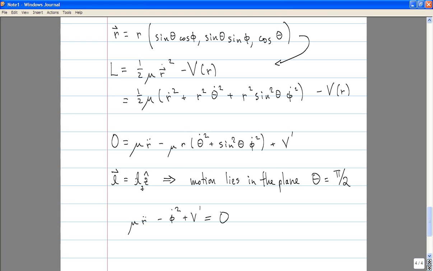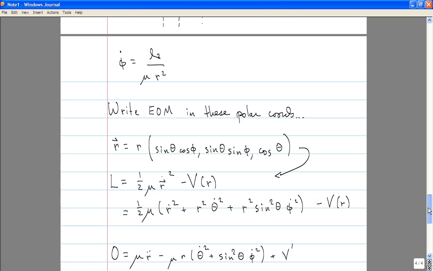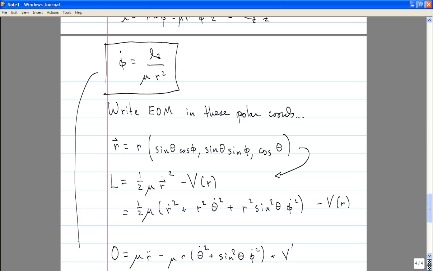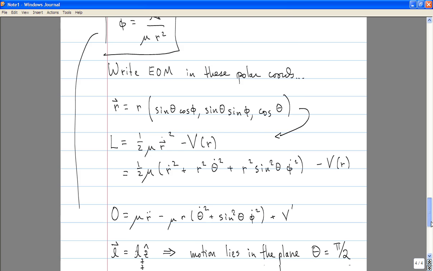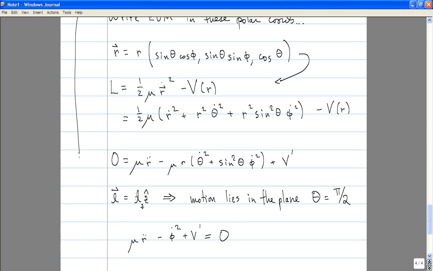And now, I showed you earlier that the conservation of angular momentum allows us to solve for phi dot as a function of r. So if we plug that formula in here, I'm sorry, the tablet isn't quite big enough for you to see them both at the same time.